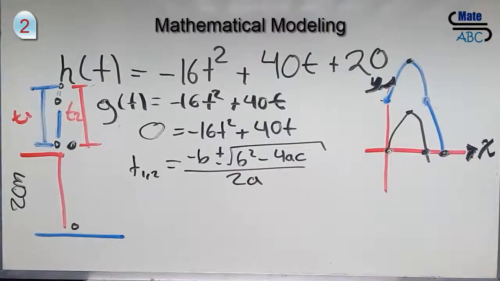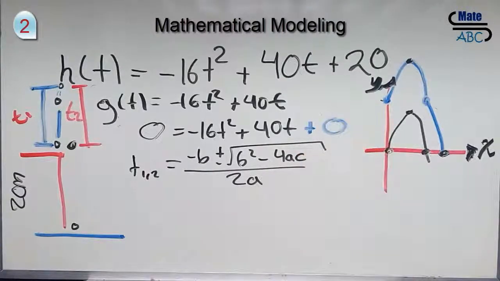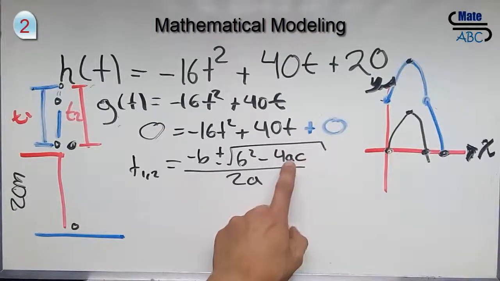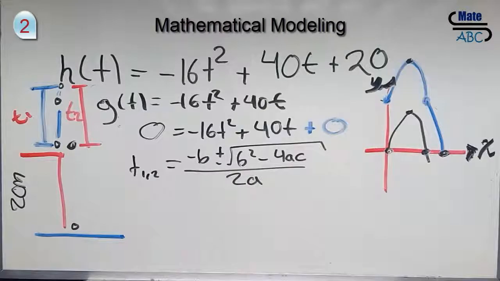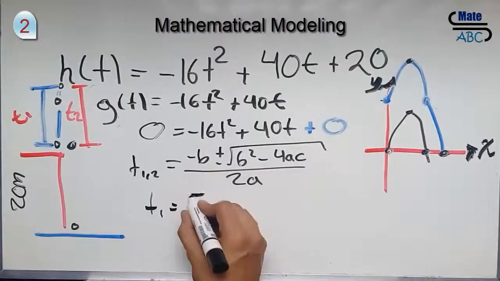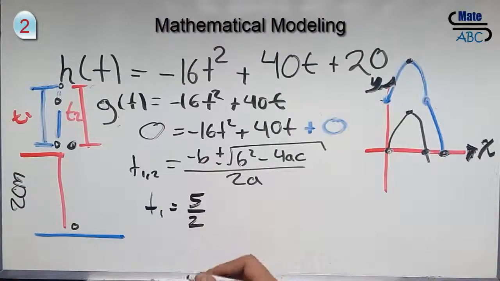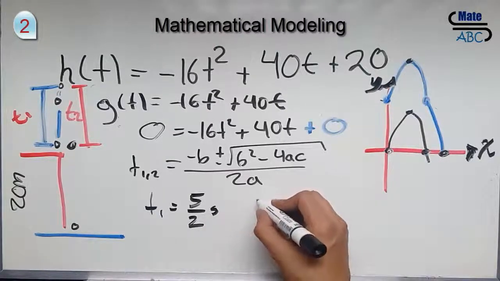And as you can see here, c is 0, a is minus 16, and b is 40. So finally you will have that t1 equals 5 halves of a second.